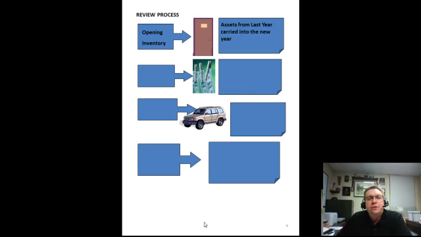So let's review the process. Opening inventory: assets from the last year carried into the new year. That's your opening inventory. Then you have income. That's money coming in during the course of the year. People paying you, money coming in, right?